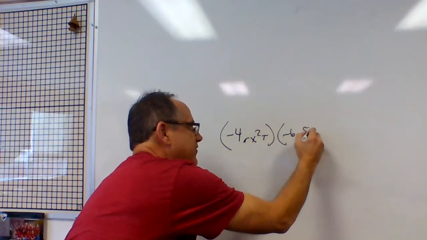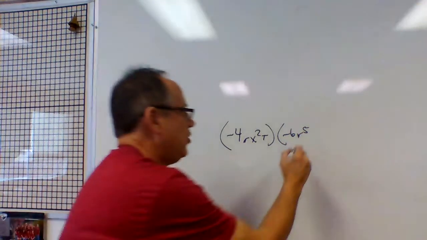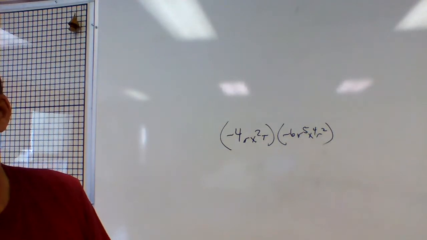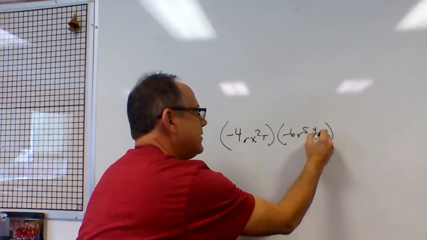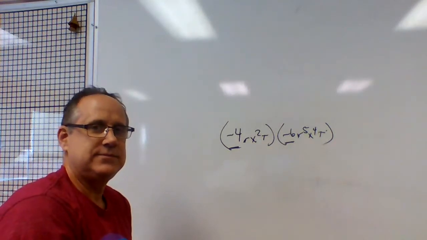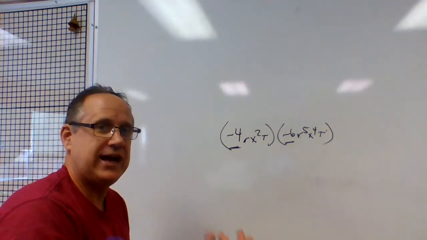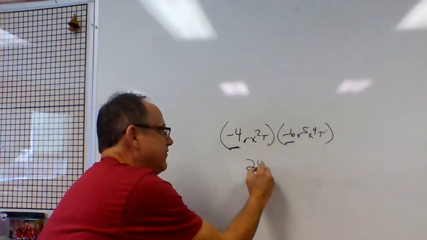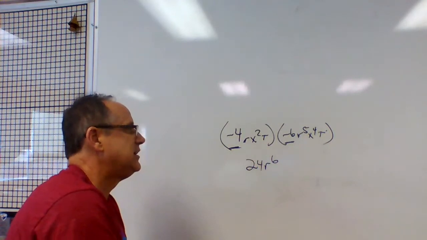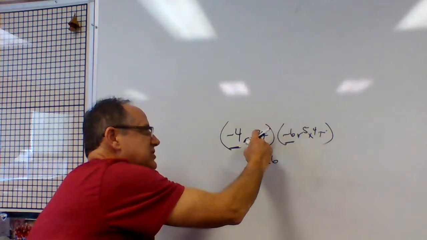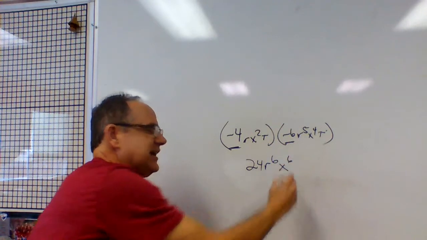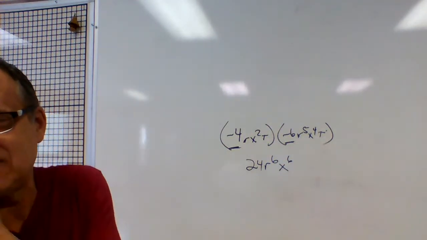So again, we're going to combine my numbers. -4 times -6. 2 negatives makes a positive. 4 times 6, 24. R times r to the 5th would be r to the 6th. x squared and x squared, we're going to add those two together. X to the fourth.